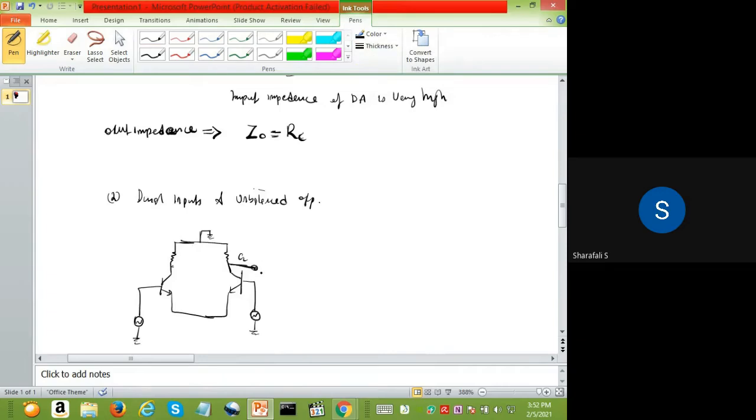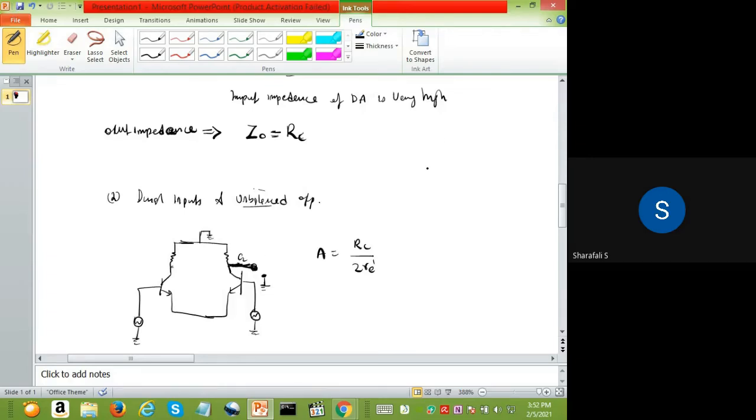Output will be taken from C2 with respect to ground instead of between C2 and C1. So only one output terminal is there. That's why it is called unbalanced output. Dual inputs are there, so all scenarios will be the same. Gain will be equal to RC by 2 RE dash, which is half of the first one, because only one terminal we are considering.